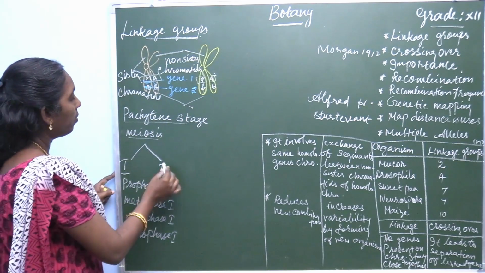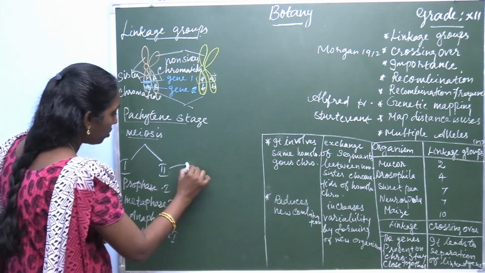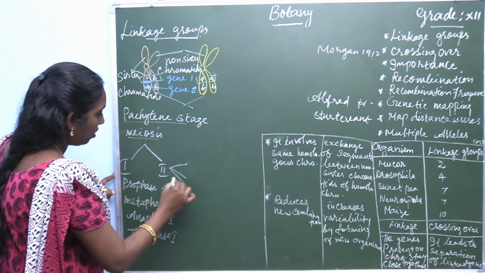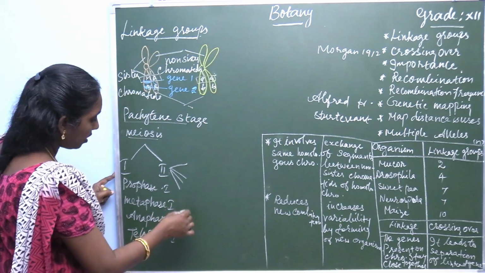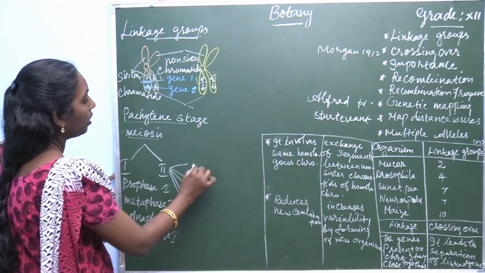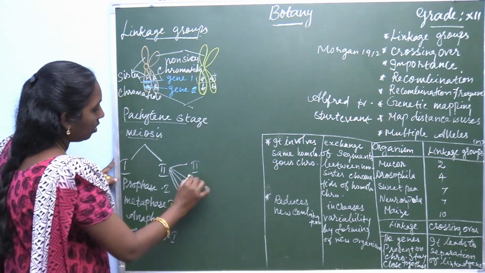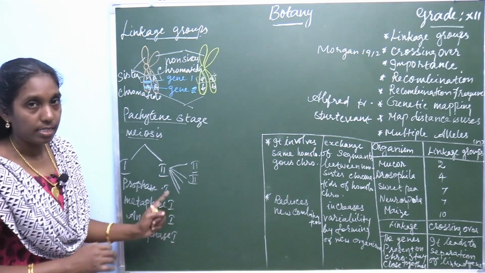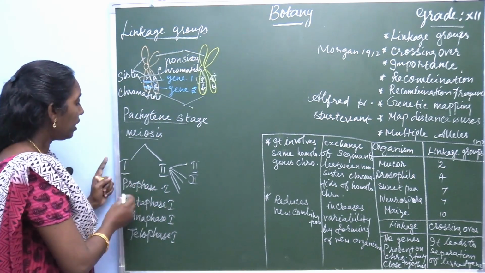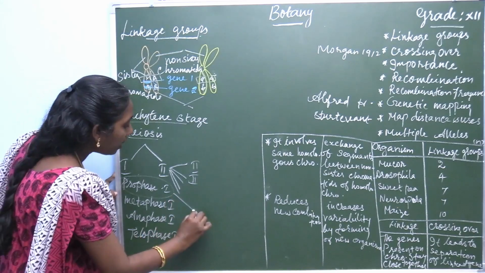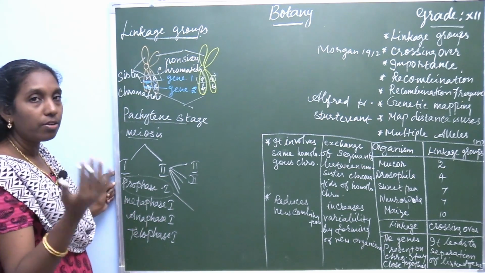Meiosis 2 also contains prophase, metaphase, anaphase and telophase 2. The same stages come in both.